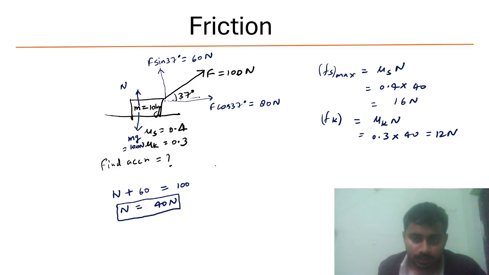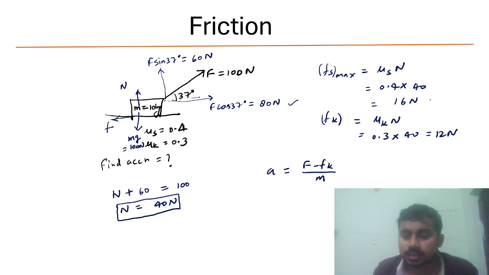So what will be the acceleration of this body? Acceleration is F minus kinetic friction divided by m, because here kinetic friction will be applying, since this force of 80 Newton is greater than the maximum value of static friction.